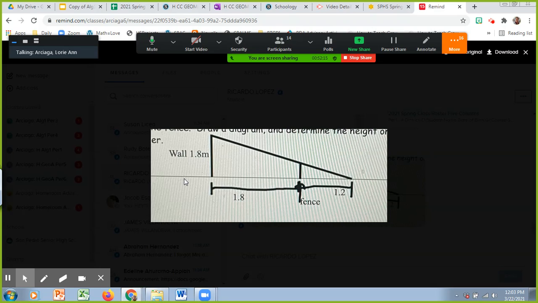The wall is what you're looking for. But yeah, you drew it right. So the foot of the ladder is 1.2 away from the fence. Now the building is 1.8 away from the fence, but the height of the building is unknown. So you're gonna move this 1.8 over here. The fence is 1.8 tall. That's great.